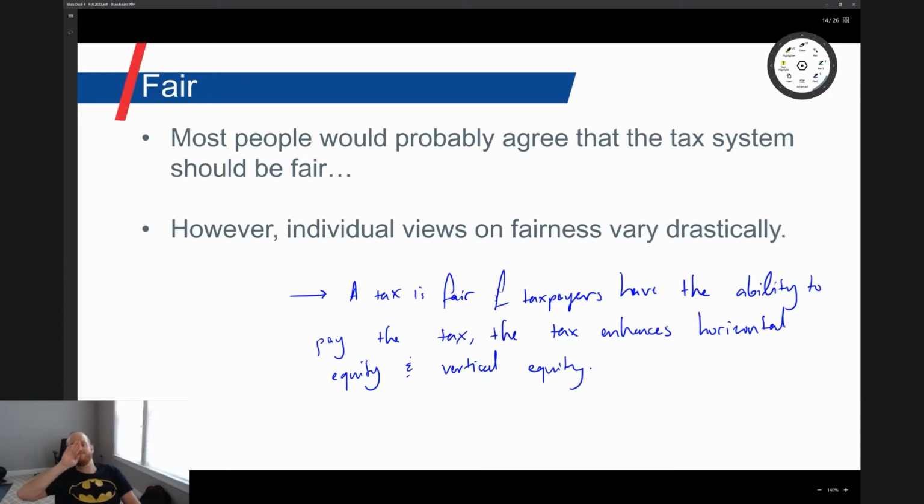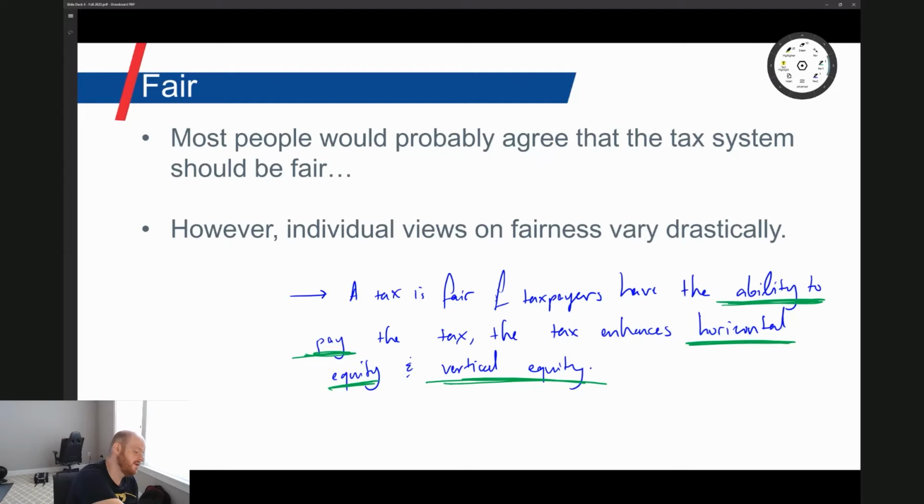So everybody believes that a tax should be fair. No one believes that a tax should essentially punish one portion of the population while another portion benefits. But what is fair depends on what you believe is going to be fair. But if we're talking in more general terms, a fair tax is one where everybody has the ability to pay, and it enhances horizontal equity and vertical equity. And we're going to talk about all these here in the next slide.